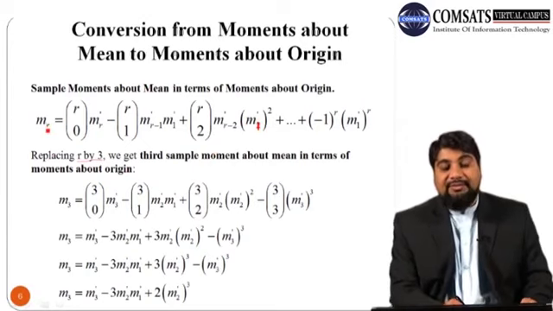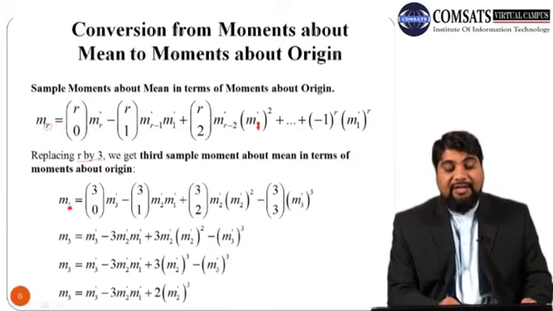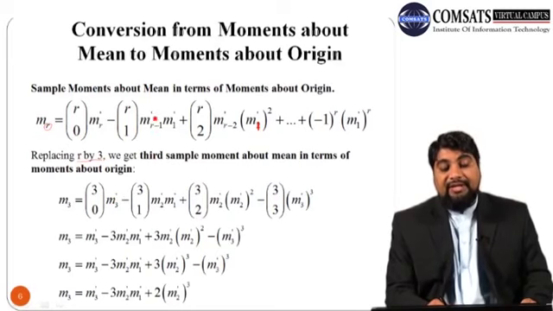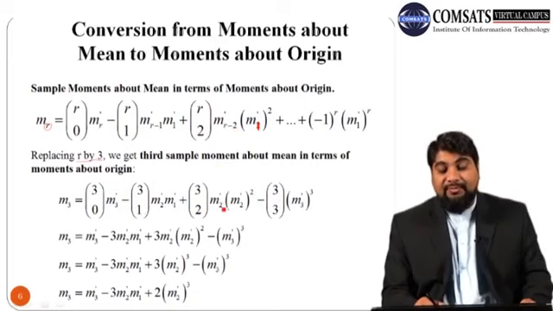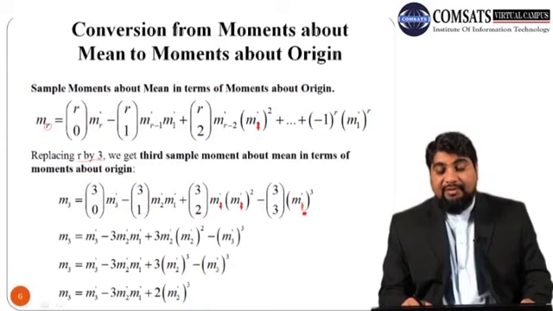Just replacing r by 3, we get m3, so 3c0 m3 dash, then 3c1 m2 dash, 3 minus 1 we get 2, this m1 dash whole as it is, then 3c2, 3 minus 2 which is 1, so m1 dash whole square, and the last one is 3c3, so it will be m1 dash whole cube.